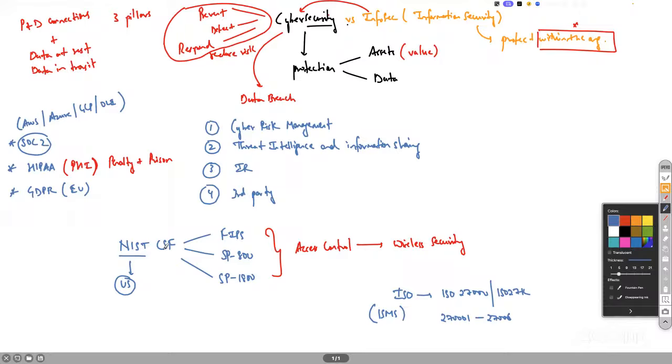And fines for non-compliance with GDPR are super high. They can go as high as 4% of your global revenue, whatever your business is.